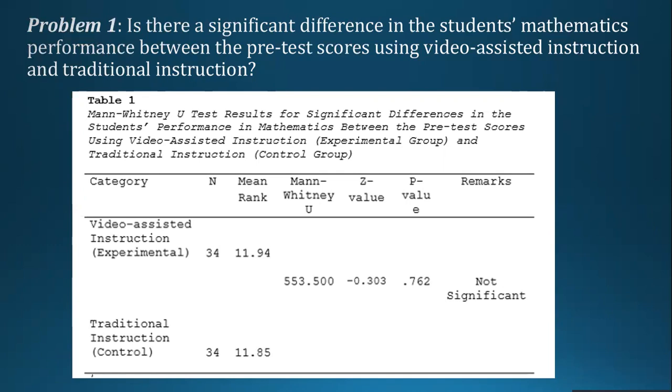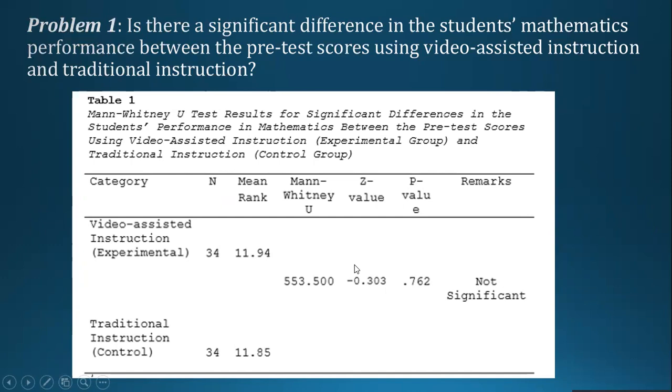and the remarks. So for the video-assisted instruction, we have 34 with the mean rank of 11.94, while for the traditional we have 34 with the mean rank of 11.85. The Mann-Whitney U value is 553.500.